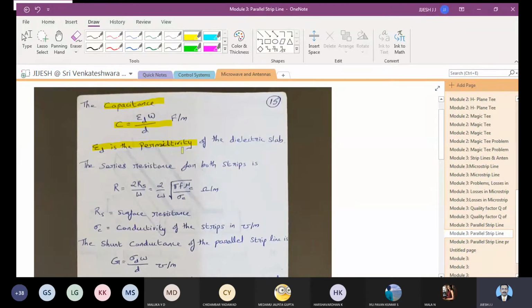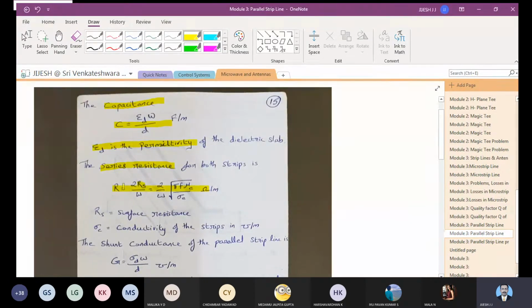Once you calculate the capacitance, you also have the calculation to find out the series resistance for the strips. That is given by the equation R is equal to 2Rs by W. The equation for Rs you have already written before. Rs is root of pi f mu c by sigma, so you can substitute that Rs here.